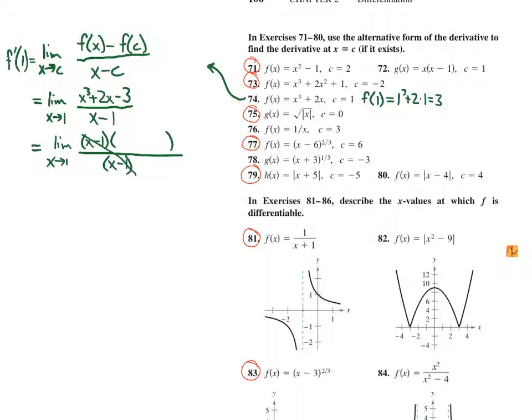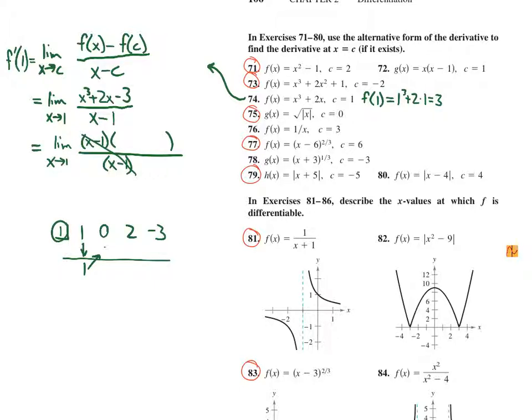Do you remember how we can do that? We can just divide by x minus 1, using either long division or synthetic division. Remember synthetic division? We have a 1x cubed, 0x squared, a 2x, and a minus 3. We're going to divide it by x minus 1, so I put a 1 in here. Then I add down, and I multiply by this 1 over here.